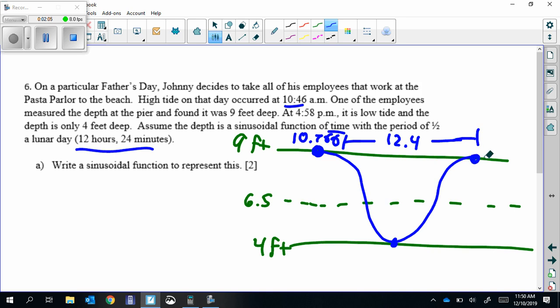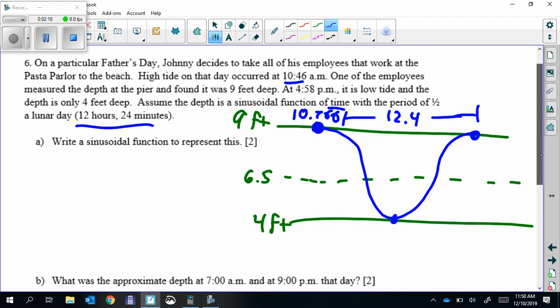So we know that we are writing a positive cosine equation, shifted to the right to 10.766, shifted up to 6.5. We know the period, but we don't know B, which I call the period changer.